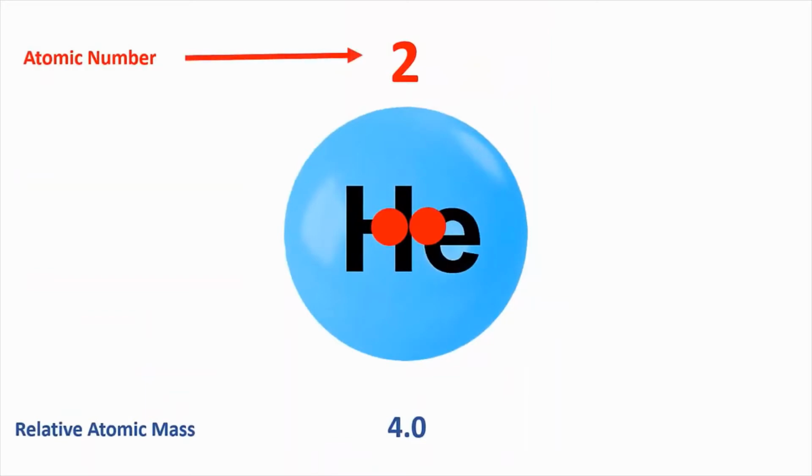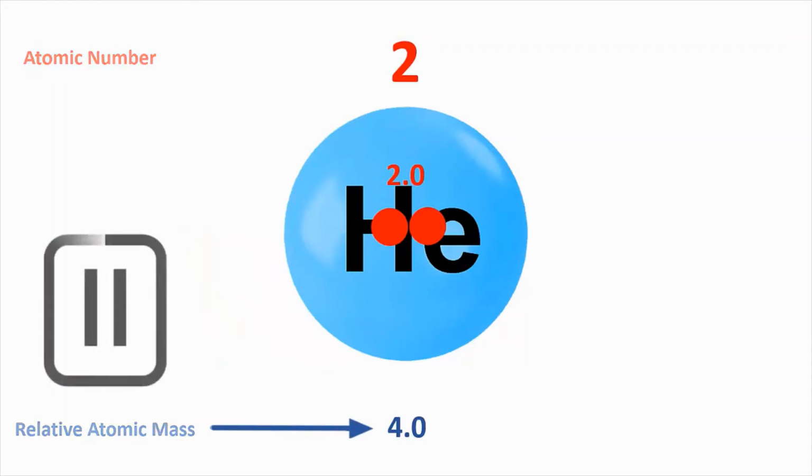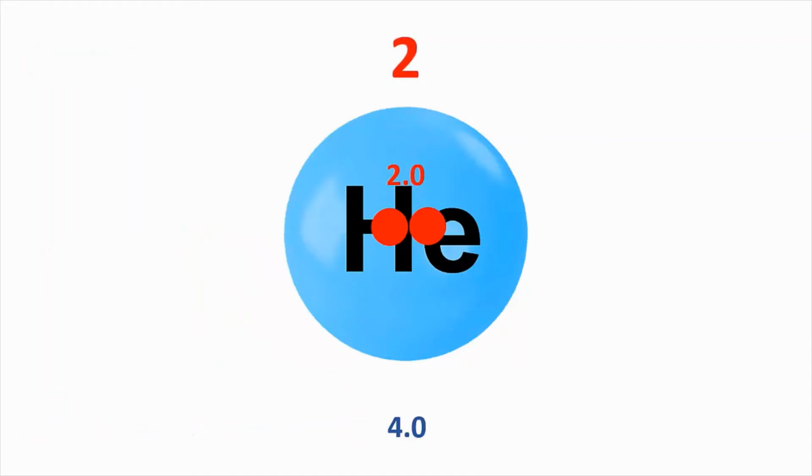A helium atom has 2 protons, weighing 2, so they contribute 2 to the mass of the atom, but its overall mass is 4. How many neutrons must it have? Well, the total mass is 4, and this is made up of protons weighing 2, as well as the mass of the neutrons.